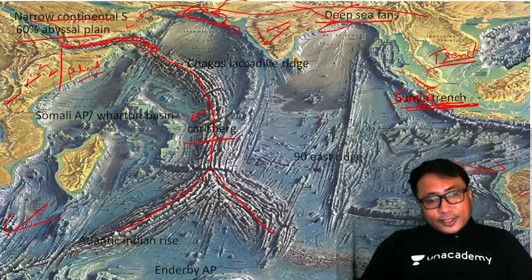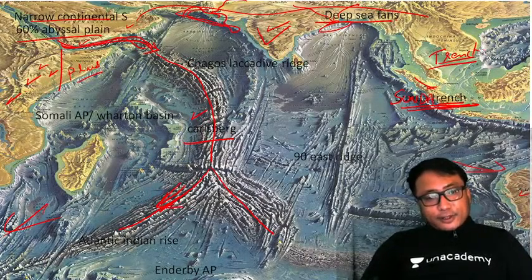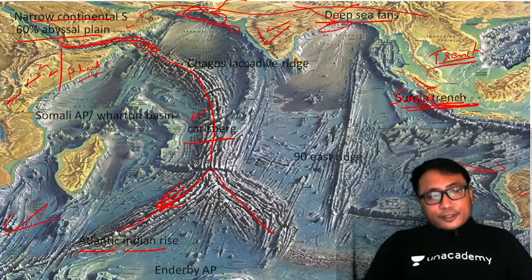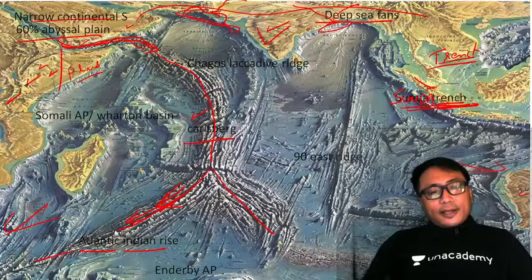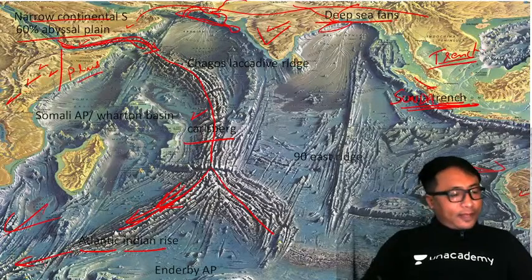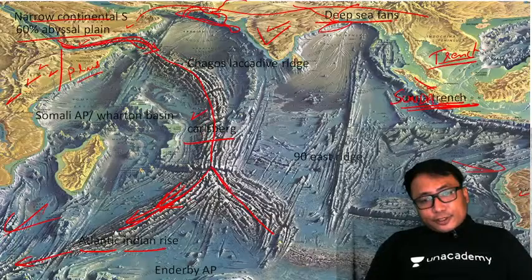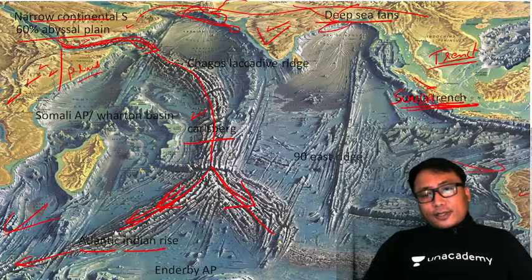Now, the western or southwestern part, which is coming like this, is known as the Atlantic Indian Rise, because it is going to join the mid-oceanic ridge of the Atlantic Ocean. The eastern side, which is going like this, is known as the Australia Antarctica Rise.